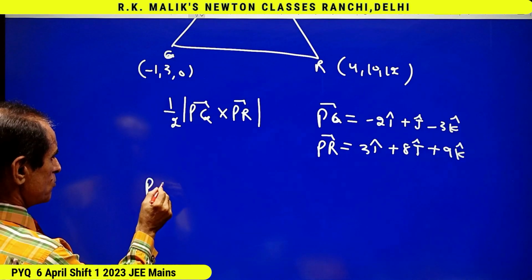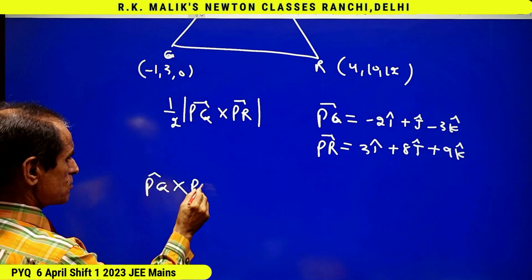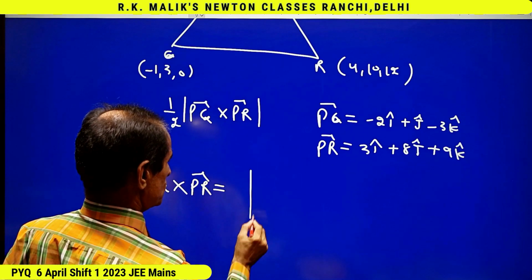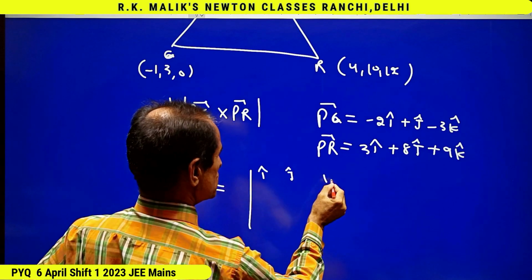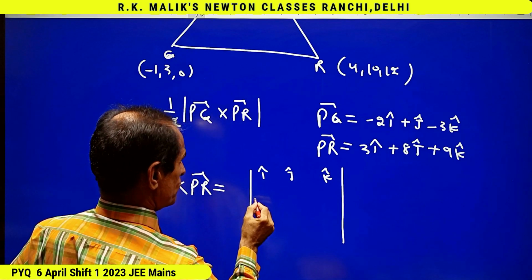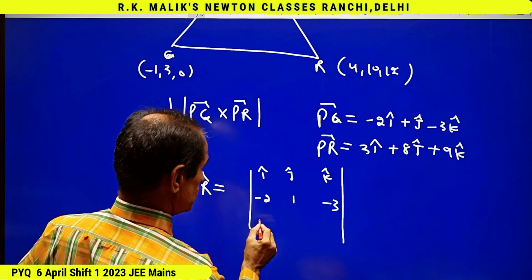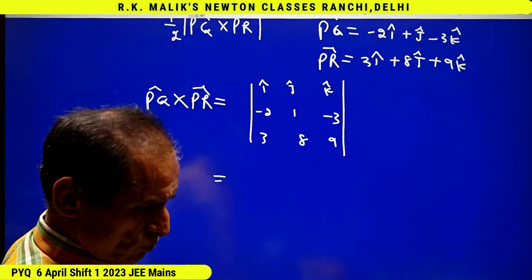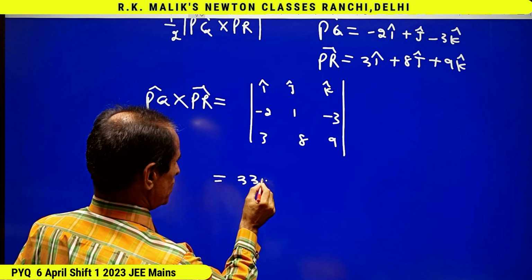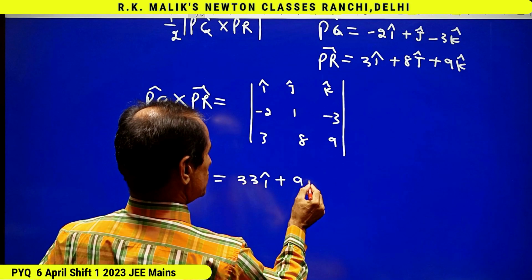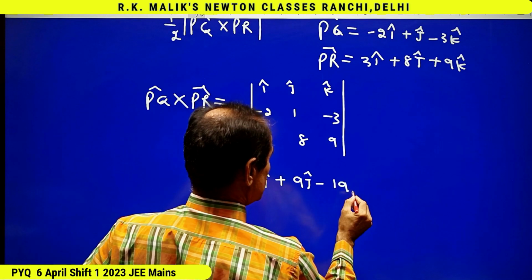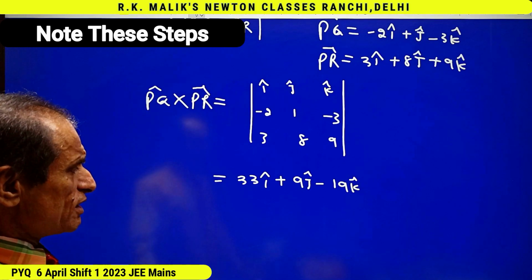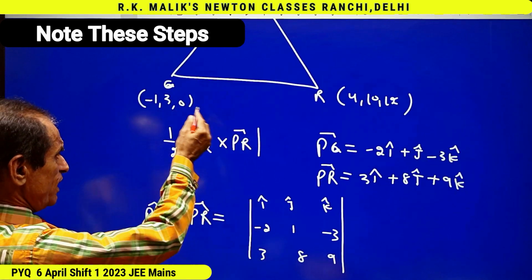And now PQ cross PR is equal to the determinant of i, j, k; minus 2, 1, minus 3; 3, 8, 9. This is equal to 33i plus 9j minus 19k. Now it seems that taking the modulus of this is not an easy task.